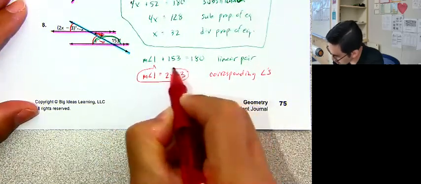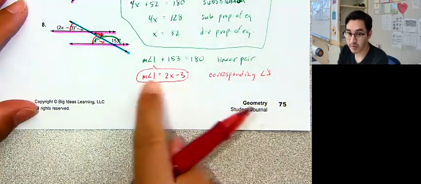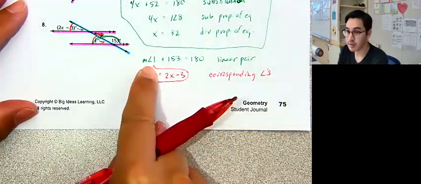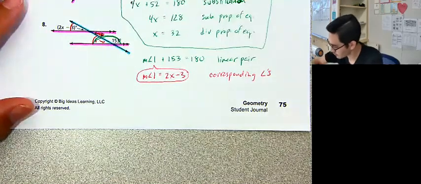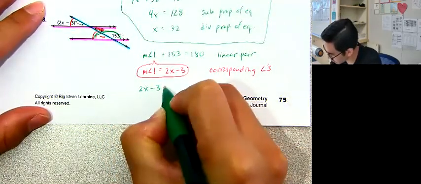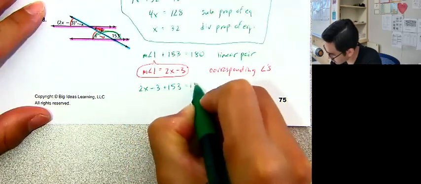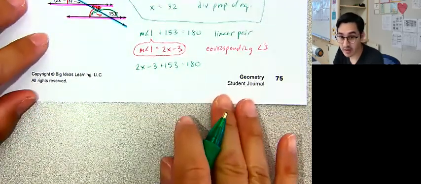And then once more, we can do a substitution. Take the 2x minus 3 from this red equation and substitute it into the green equation. So now we're going to have 2x minus 3 plus 153 equals 180.